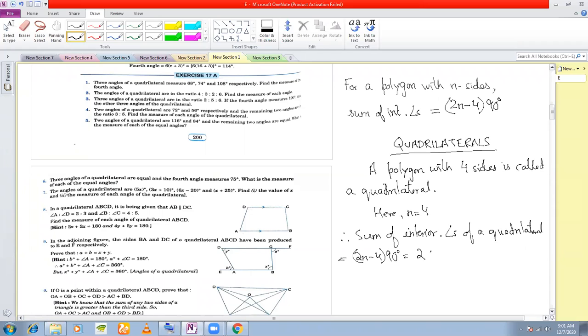Put n equal to 4: (8 minus 4) into 90. That is 4 into 90, which is 360 degrees. We shall use this result always, just as we use the sum of interior angles of a triangle is 180 degrees. In this exercise, we are going to use the result that the sum of interior angles of a quadrilateral is 360 degrees.